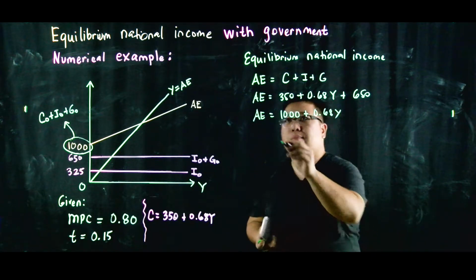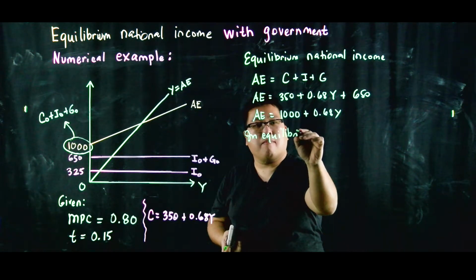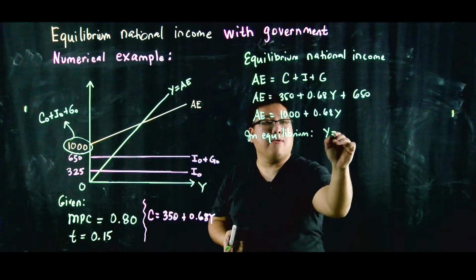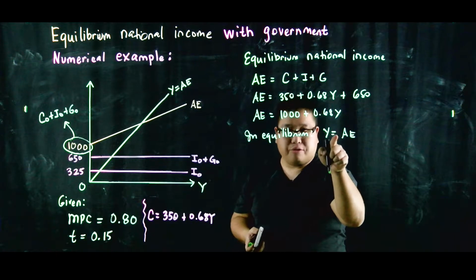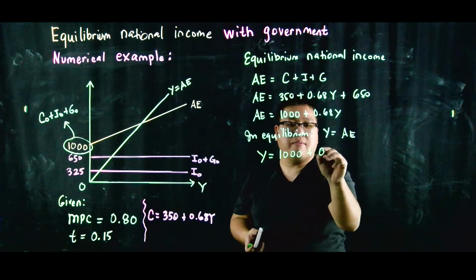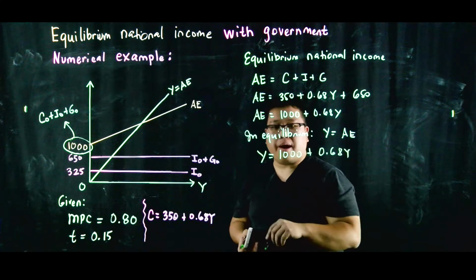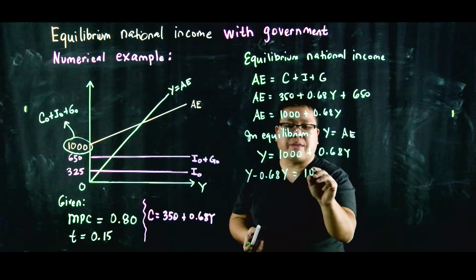And we know in equilibrium that y equals AE. So we just substitute this condition here. We have y equals 1,000 plus 0.68 y. Y minus 0.68 y equals 1,000.